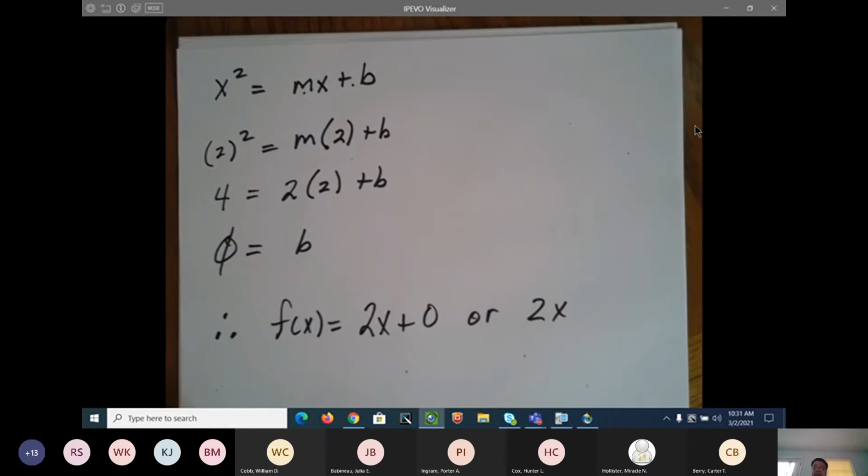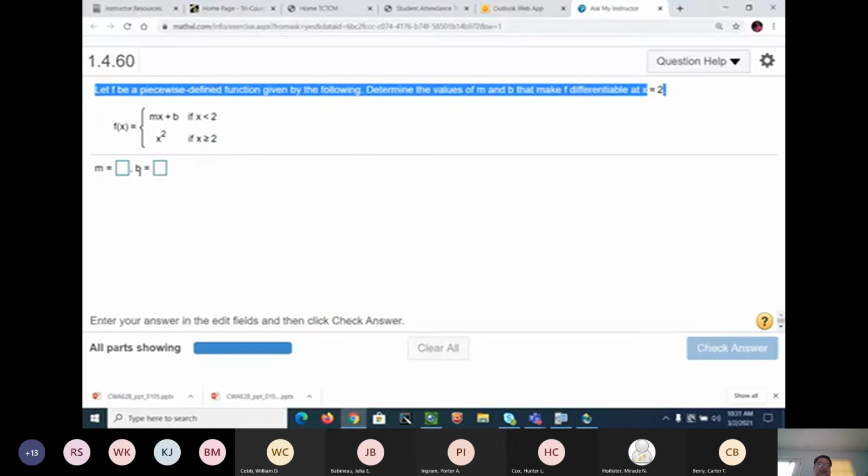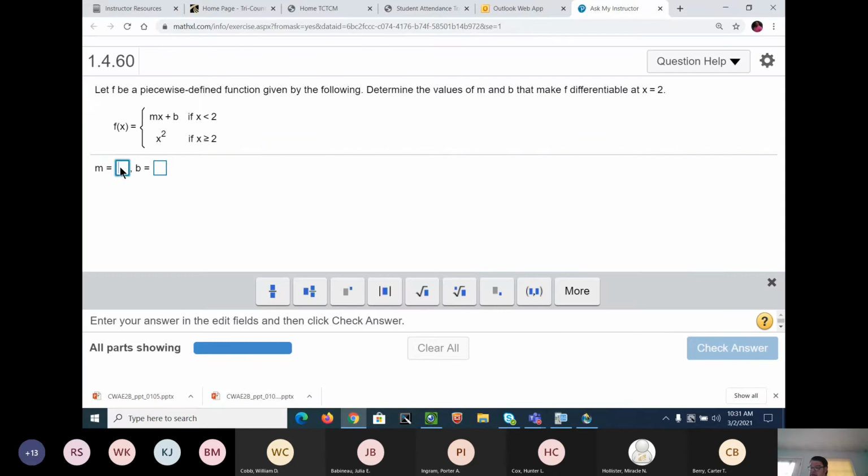And I'll be very, very surprised if that's correct, because m is equal to 2 and b is equal to 0.